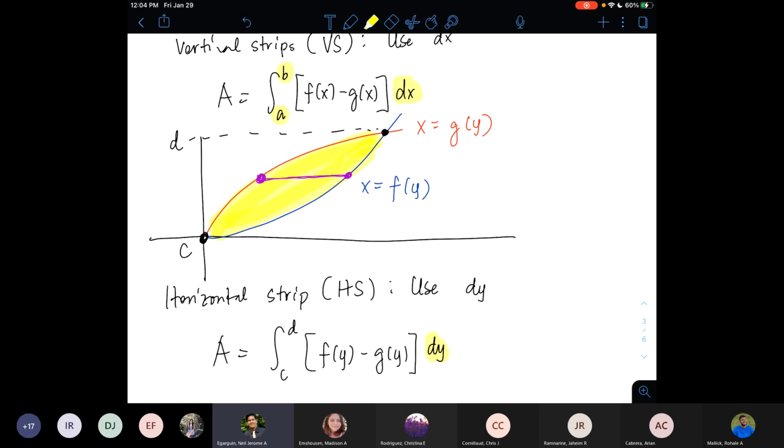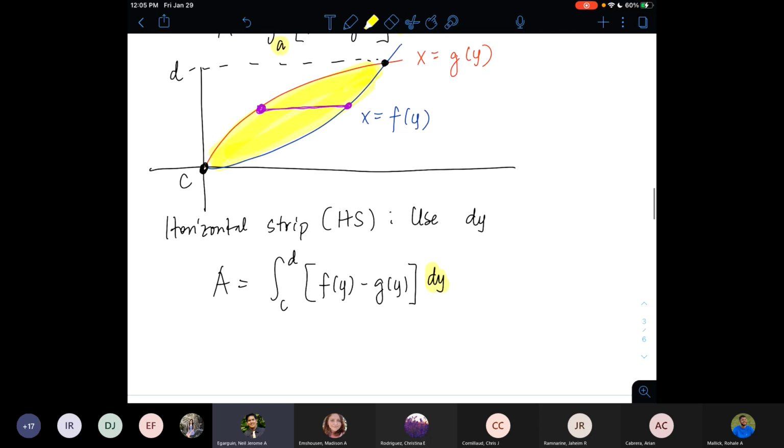In this particular graph, the region starts when y is equal to c and ends when y is equal to d. That's why I have these two as the bounds, and then the integrand would be the width of the horizontal strip. It would be the right function minus the function on the left. So right minus left, that's the integrand.